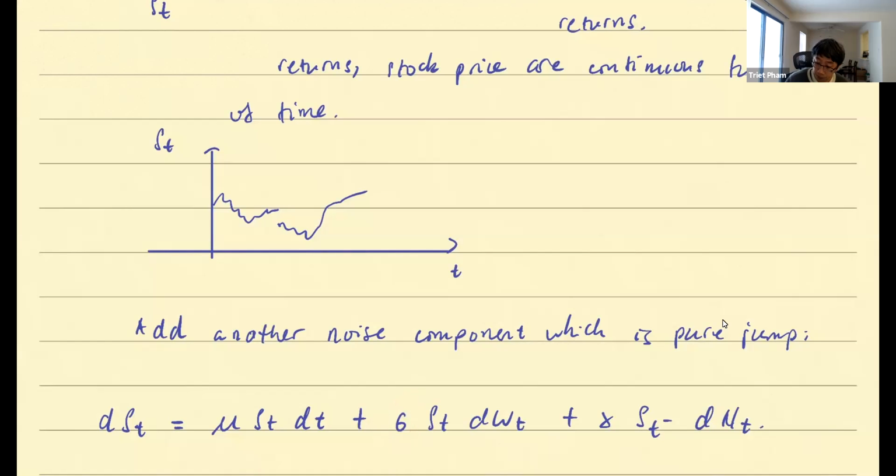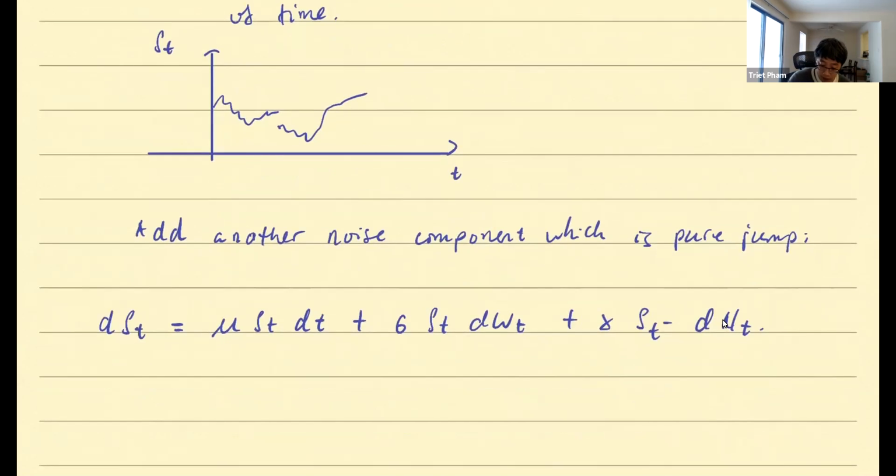I'll explain. Here, S_{T-} tells you about the left-hand limit of the stock price. This is the change in the Poisson process. N is a Poisson process. So there are several things to be understood about the new term here. This is the new term, the pure jump term that I'm talking about.